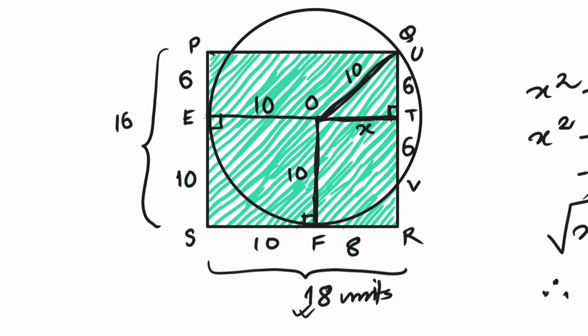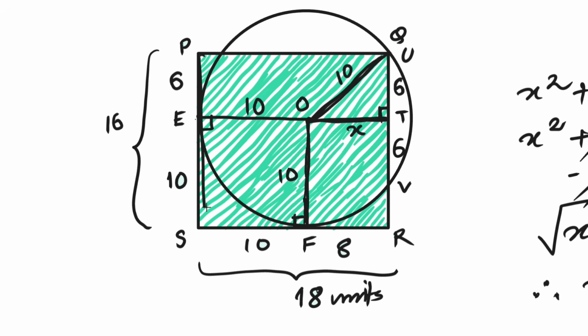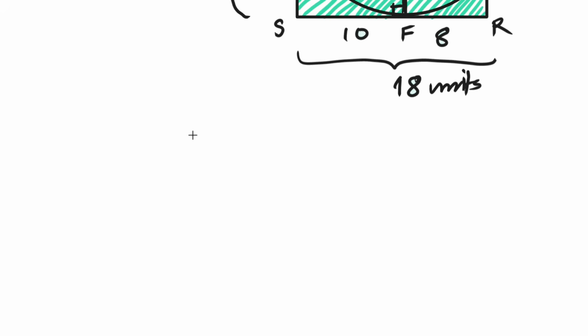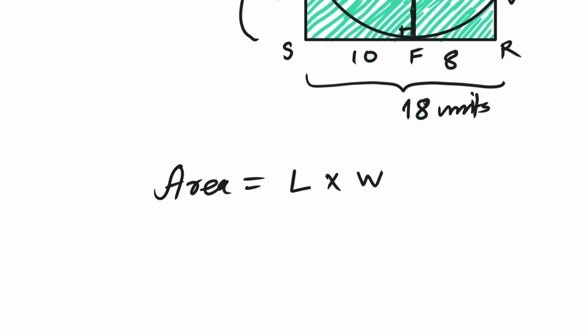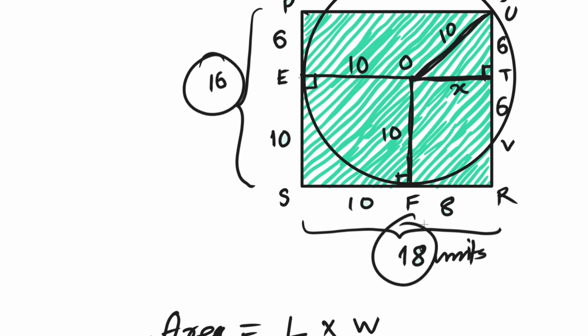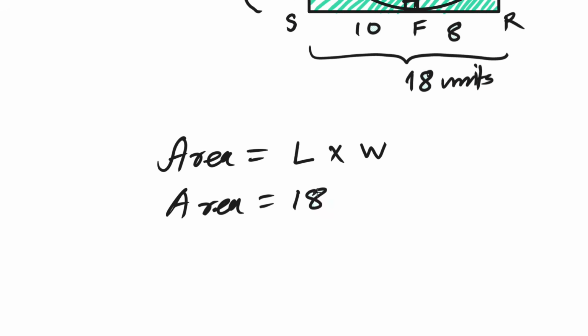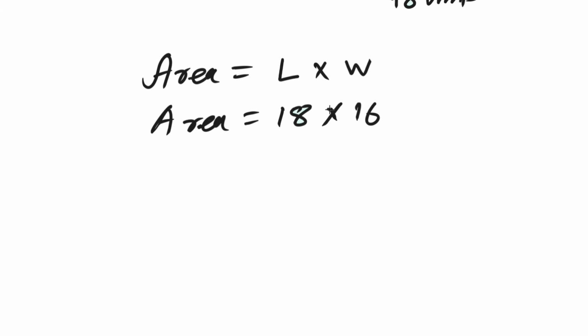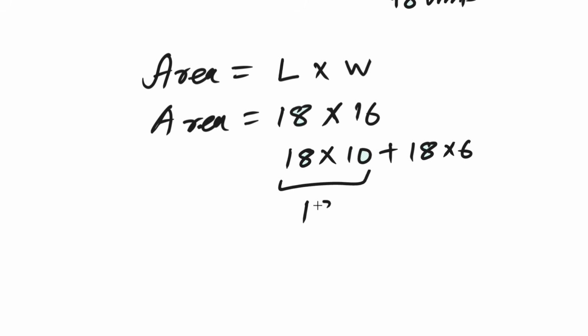We already found the height earlier. Now we can calculate the area. The formula for the area of a rectangle is area equals length multiplied by width. Substituting our values, the area equals 18 multiplied by 16. Let's multiply this carefully. 18 multiplied by 16 can be written as 18 multiplied by 10 plus 18 multiplied by 6. 18 multiplied by 10 is 180, and 18 multiplied by 6 is 108.